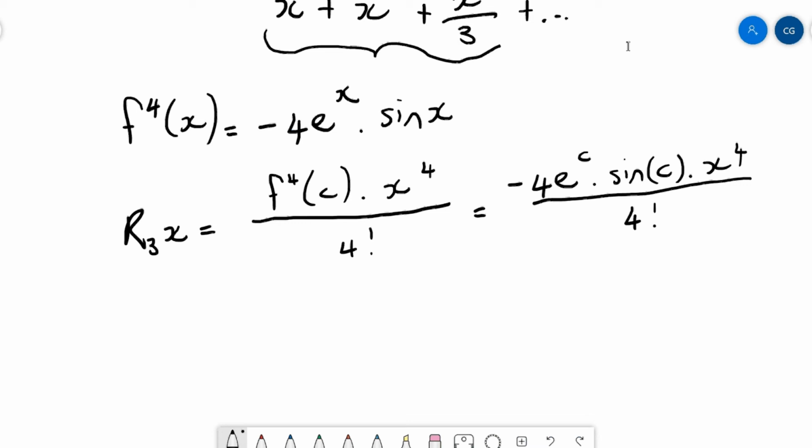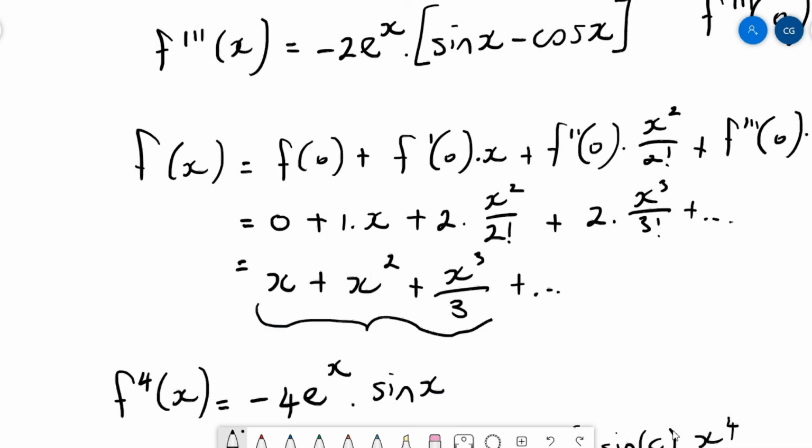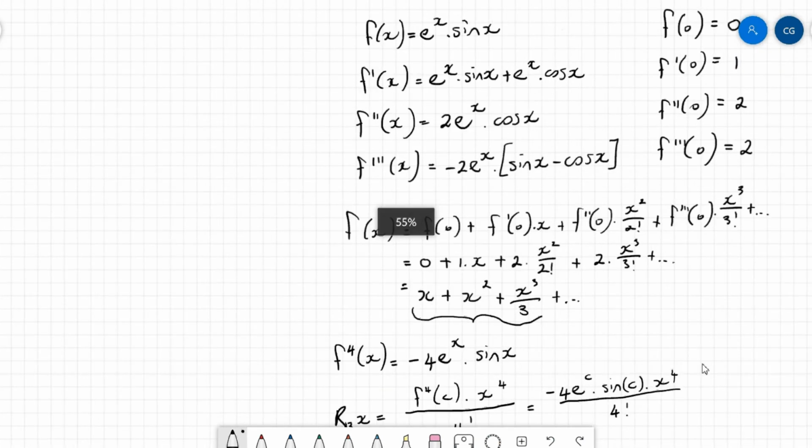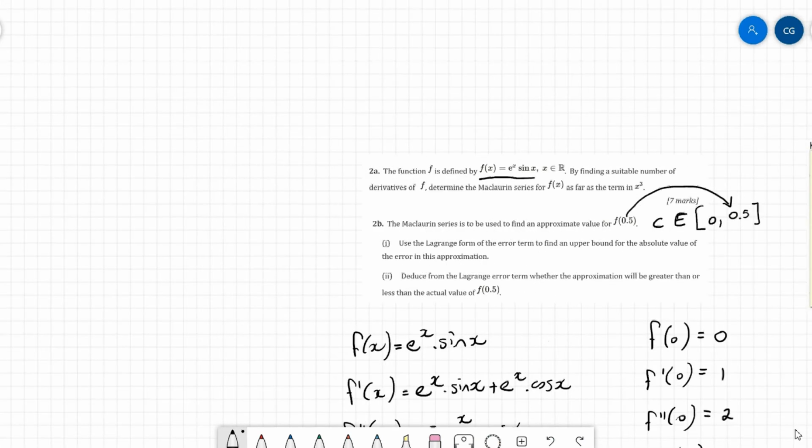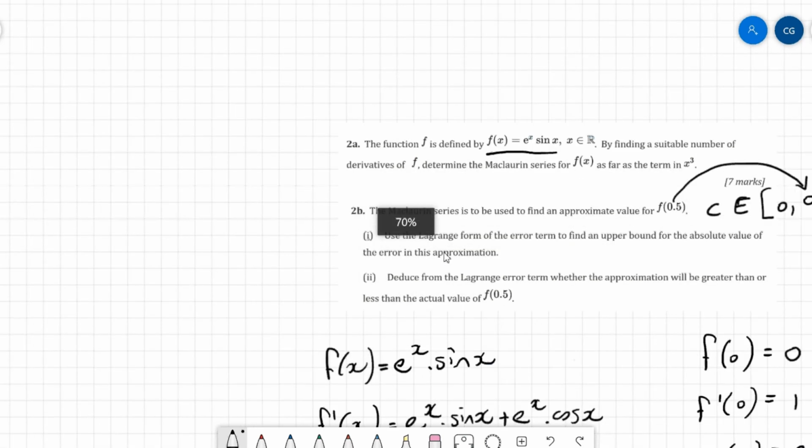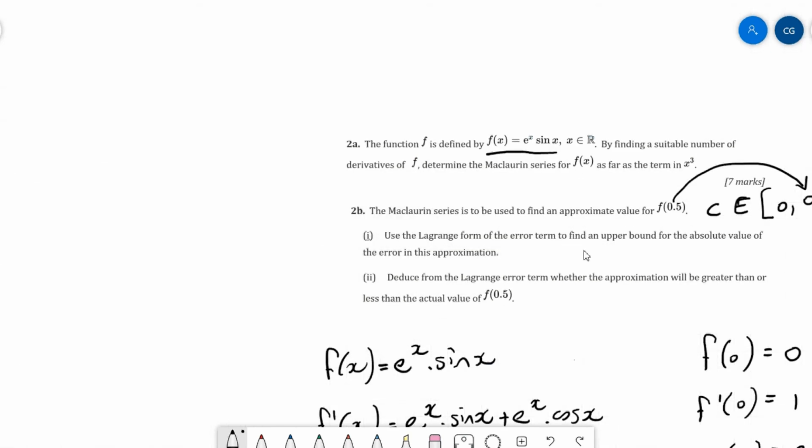But now, let's stop here and go back to the question. The question did ask us to use the Lagrange form of the error term to find an upper bound for the absolute value of the error in this approximation. So they want to find an upper bound, the absolute value of this error approximation.